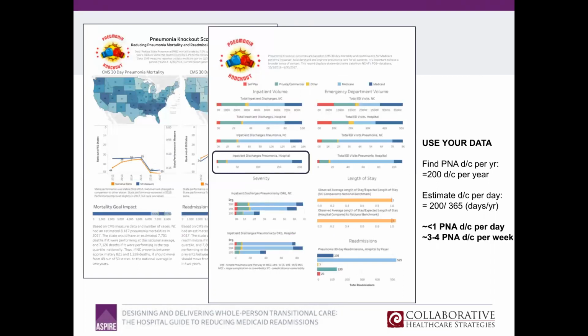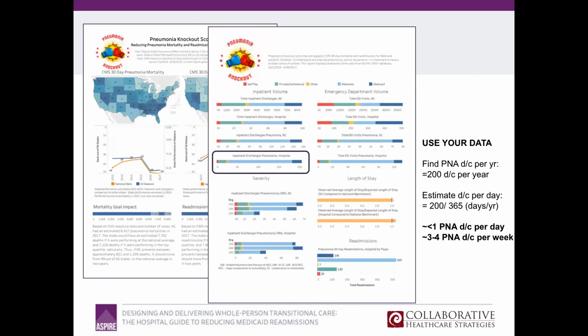first and foremost, as I alluded to, you want to base your implementation dashboard off of the volume of patients that you have in your target population. Really great news is that in our NCHA knockout pneumonia scorecard, you have a starting point for at least your estimated volume of pneumonia patients.